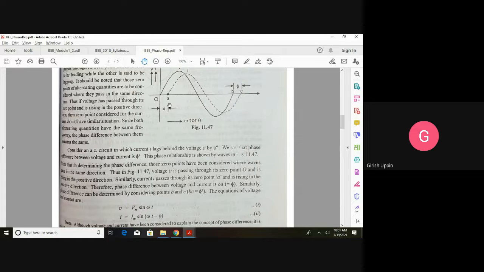Suppose omega t is equal to phi, what is the instantaneous value? Putting omega t = phi, v = Vm sin phi, so I get some value. If I put omega t = phi, phi minus phi is 0, so at omega t = phi, the current is 0.